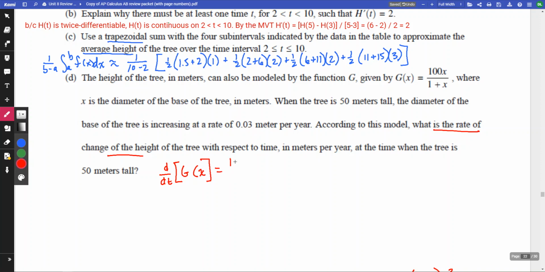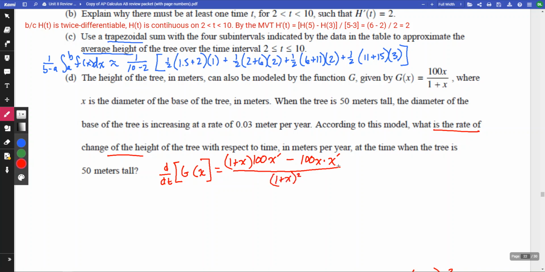And that quotient rule is going to be that bottom times the derivative of the top, which will be 100, but then x prime, because it's with respect to time, minus the top times the derivative of the bottom, so that's x prime, all over the bottom squared.